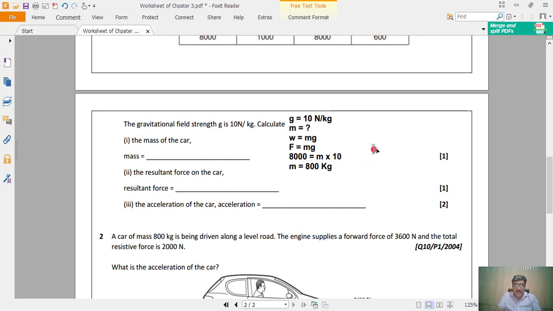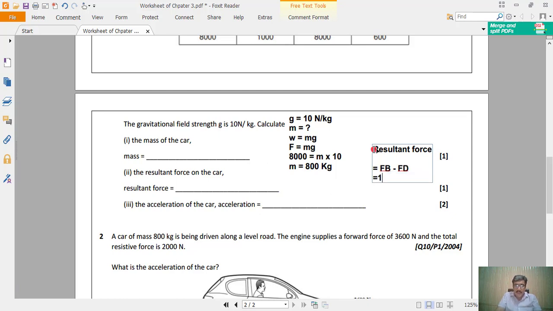So for resultant force, you can do that it is equal to FB minus FD.